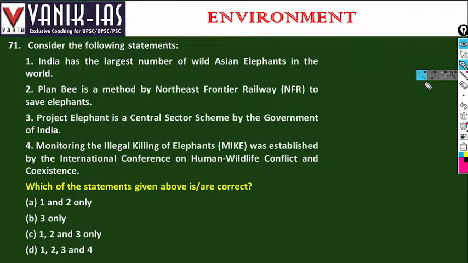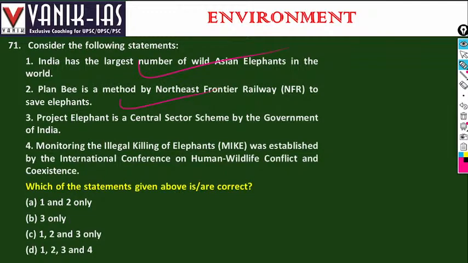So, which of the following statements are correct? India has the largest number of wild elephants in the world. The first statement is correct. Second, Plan B is a method by Northeast Frontier Railway (NFR) to save elephants. This is also correct. Then next is Project Elephant.